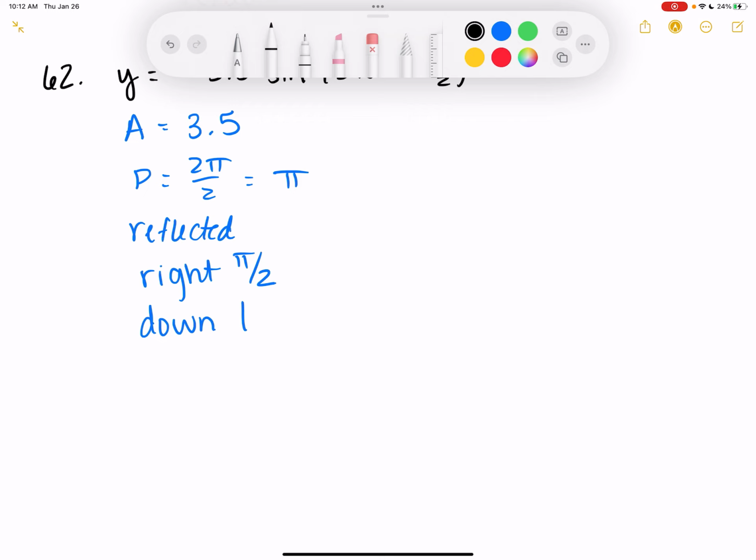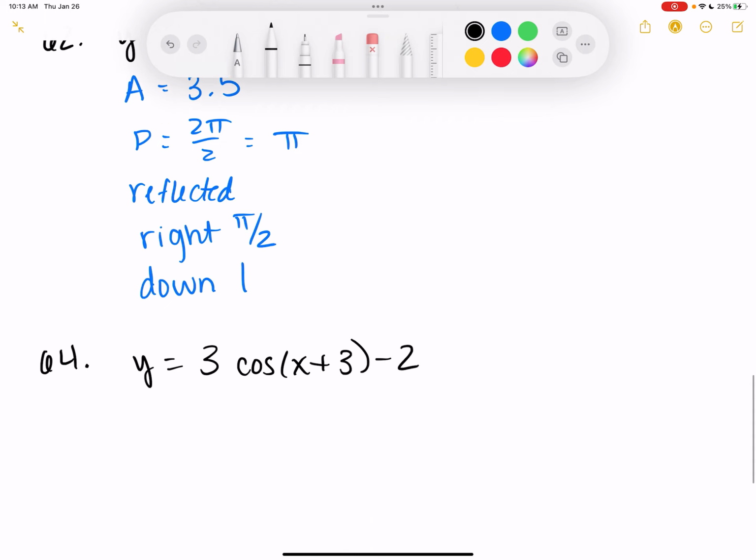Let's see, 64. y equals 3 cosine of x plus 3 minus 2. All right, so what do I need to find for this one?